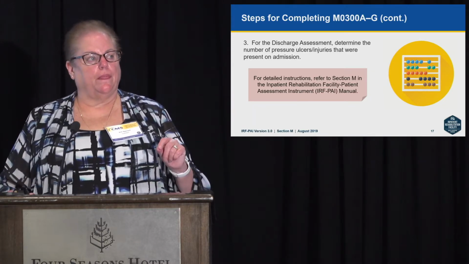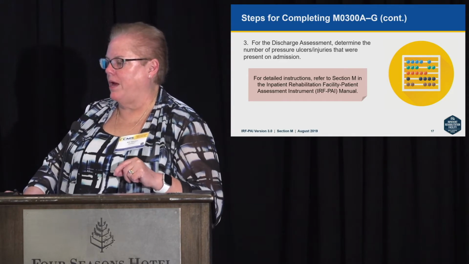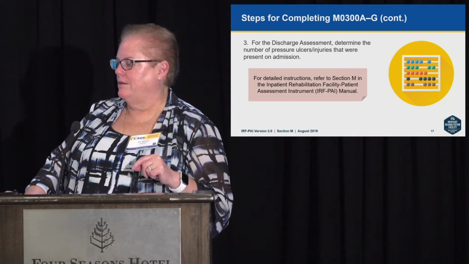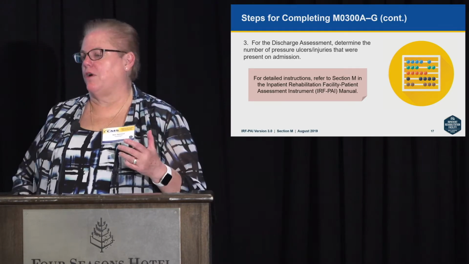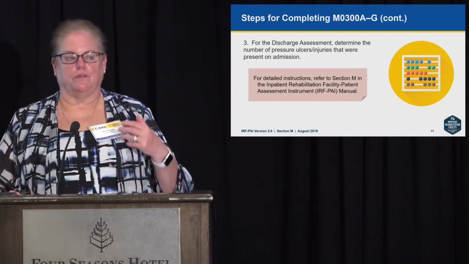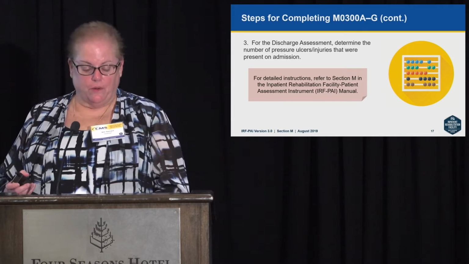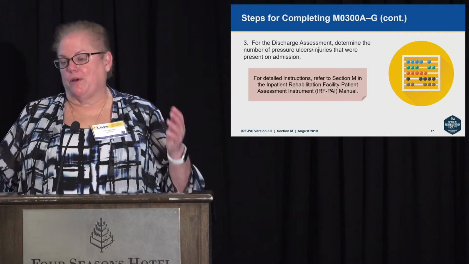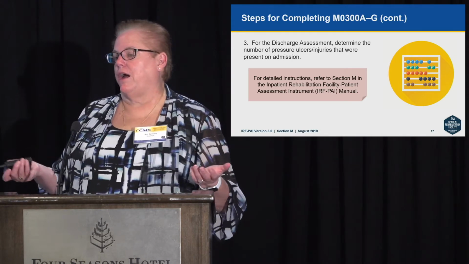But it is important to understand where someone has had a pressure ulcer in the past, and why is that? Anyone know? Because the skin's not as strong, right? The tensile strength of the skin and the underlying structures are not as strong. It's about 80%. So someone's at higher risk. So from a care planning and prevention standpoint, you want to make sure that we're paying attention to those areas of special attention because they have a higher risk of breaking down.